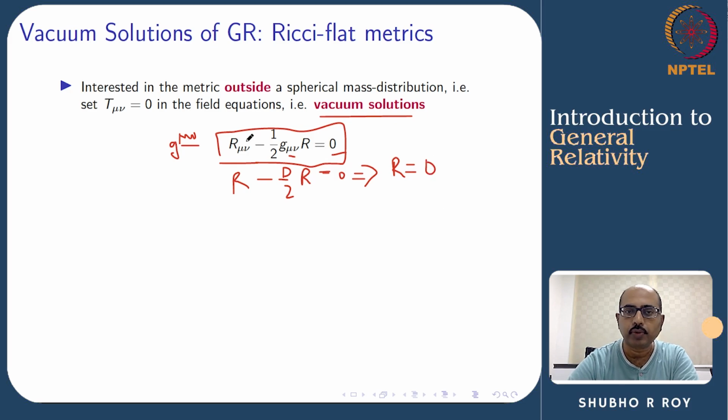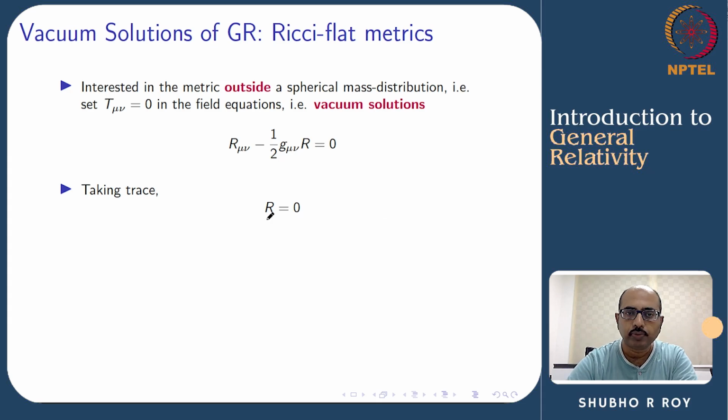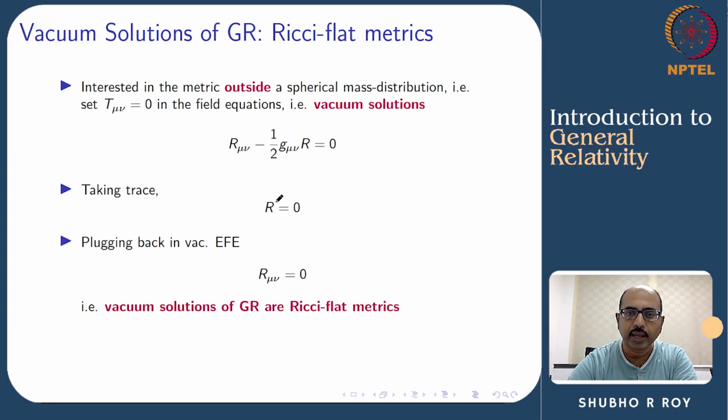All right. So this equation, the vacuum Einstein field equation, when we contract with the inverse metric, shows that the Ricci scalar is 0. So taking trace, Ricci scalar is 0. And then if I plug back R equal to 0 in the left hand side of the Einstein field equation in vacuum, what we get is that R mu nu must be 0.